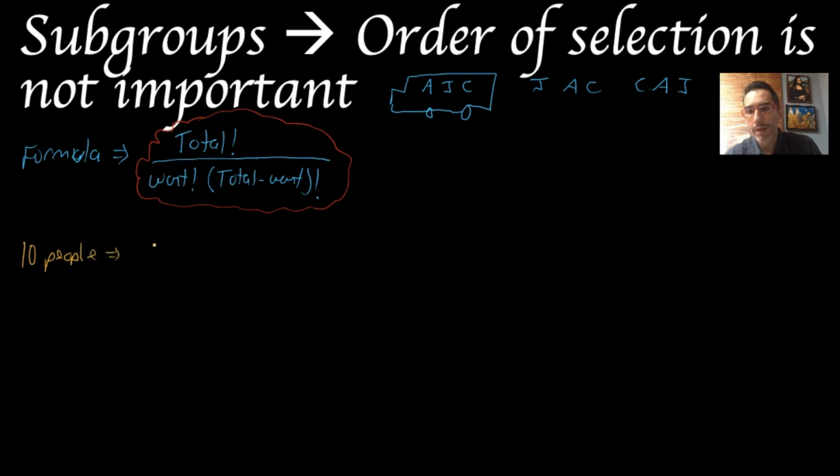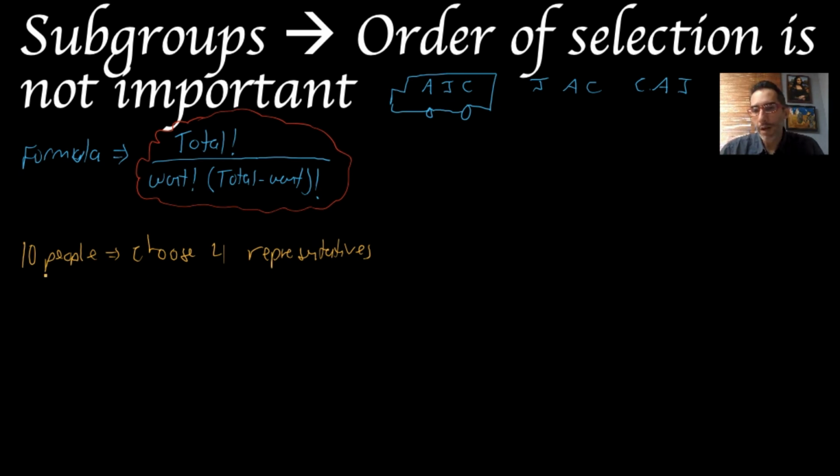From these 10 people, we need to choose, let's say, 4 to represent the business. We need to select 4 representatives for a conference. Again, I don't care about the order in which I select, as long as I select 4 and send 4, we're okay.